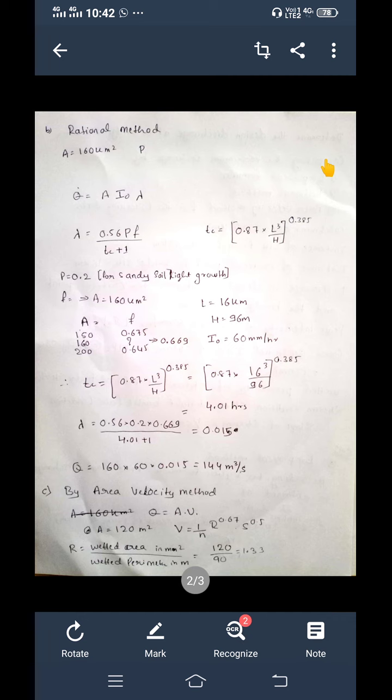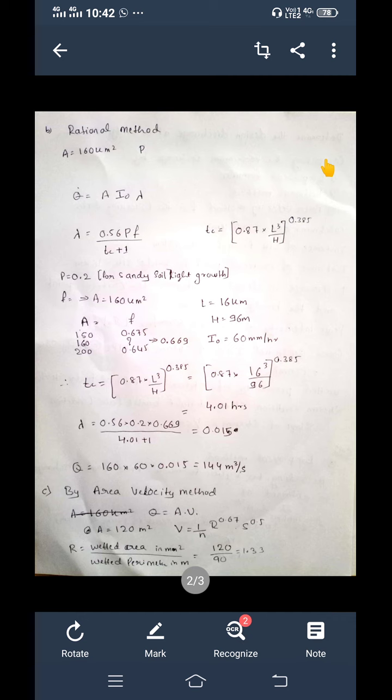R is the hydraulic mean depth, that is equal to wetted area in meter square divided by wetted perimeter. The wetted area is 120 and the wetted perimeter is 90.